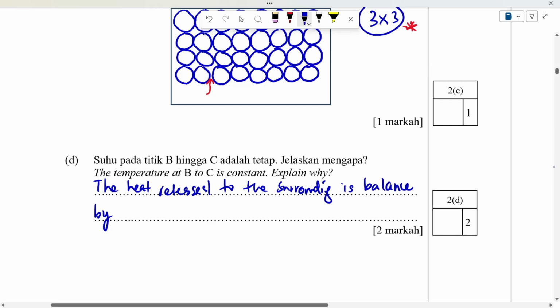What is wrong? This is melting point, right? Melting process, right? So it shouldn't be heat release. Heat release should be freezing, right? Okay, so the correct one should be what?